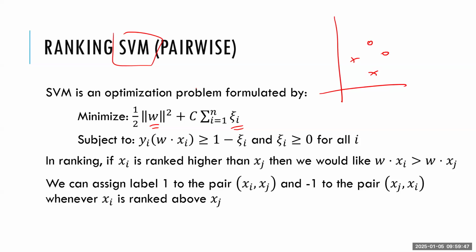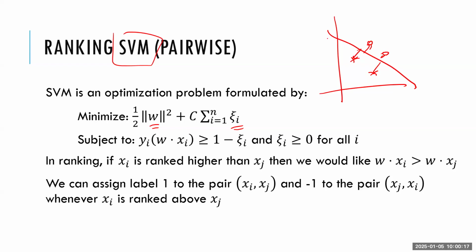And what SVM does is try to find the separating plane between one class and another class. And this optimization will try to draw a line such that the margin from both classes is as large as possible, right? So that is the SVM.